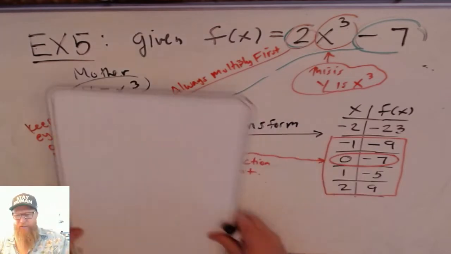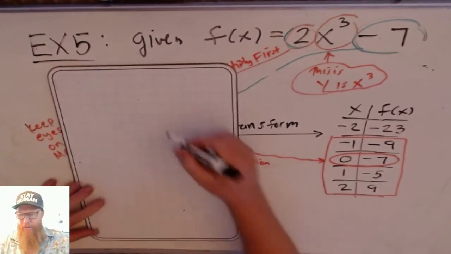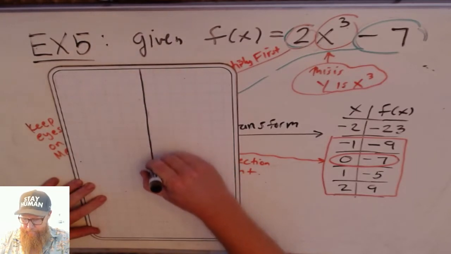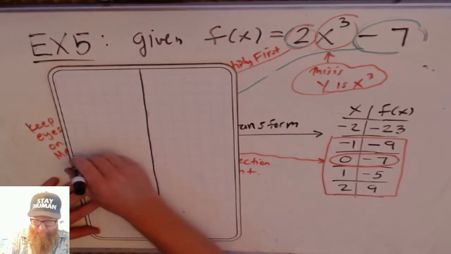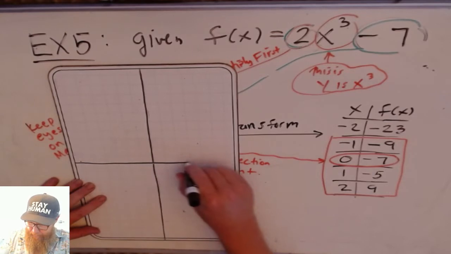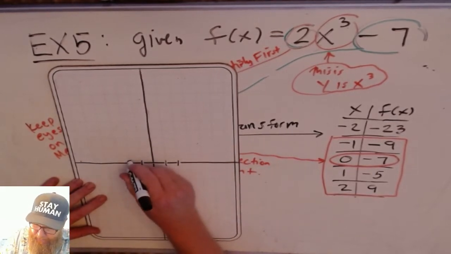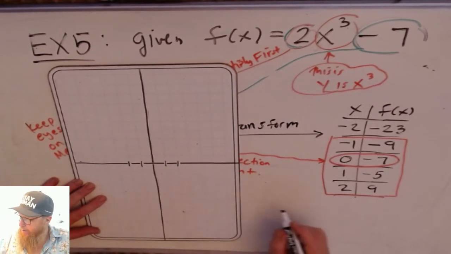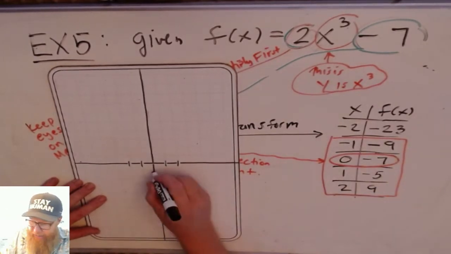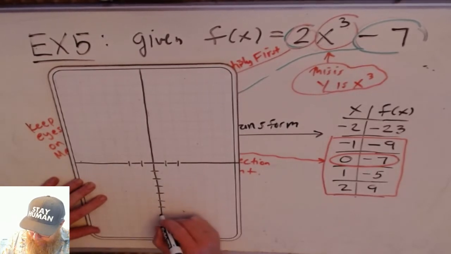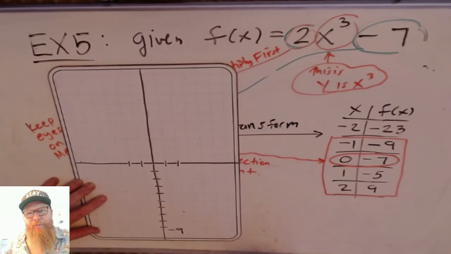Okay, so let's see. I've got my board here. 1, 2, -1, -2. Look at your y values. Decide where you want to place your points. 4, 5, 6, 7, 8, 9. So that's going to be -9.